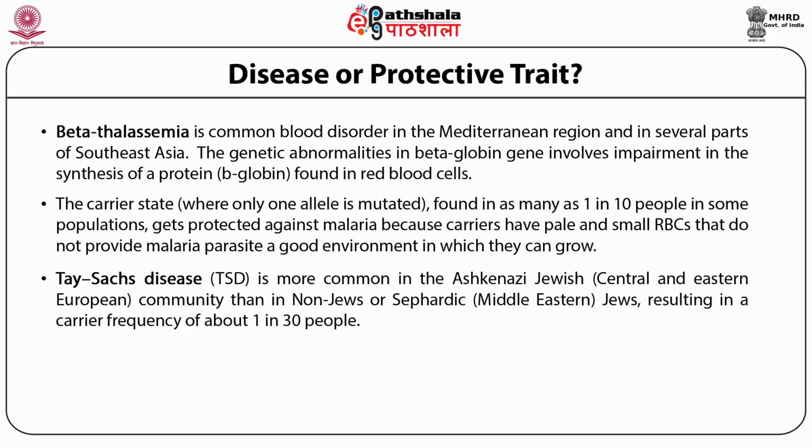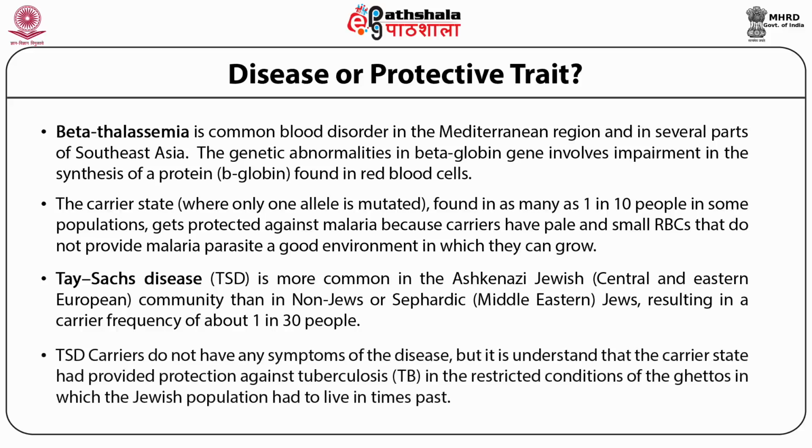Tay-Sachs disease is a neurological degenerative disease which results in death at 4 to 5 years of age. Similar to beta thalassemia, there are no symptoms of the disease for TSD carriers. But it has been observed that this carrier state had protection against tuberculosis for the Jewish population who lived in the restricted conditions of the ghettos in the past, as reported by Rapin et al.